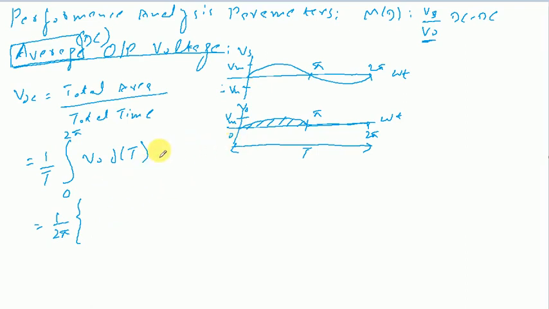Now further we can see that this signal is divided into two portions. We have a particular shape during the half interval, that is from 0 to pi, and it has a value of 0 during the rest of the half interval. So now we need to divide this integral into two half sections. The value of V naught is equal to this waveform, that is of the source voltage.